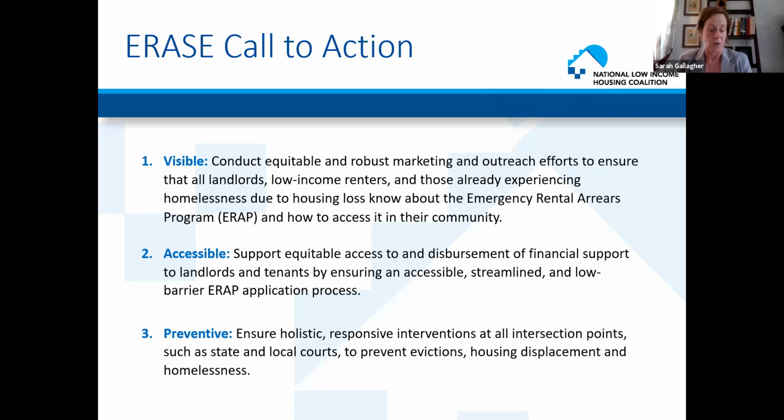This is our ERASE call to action. The ERASE call to action focuses on 3 key areas that we feel will have the greatest impact on programs, ensuring that programs are visible, accessible, and preventive.